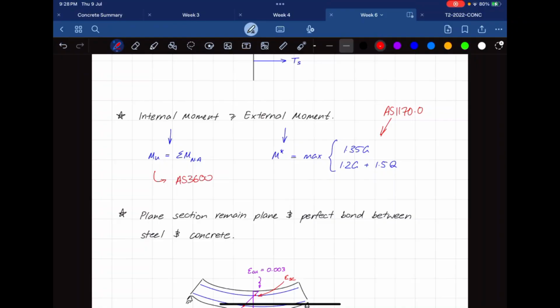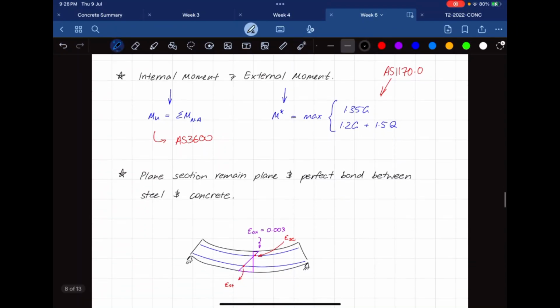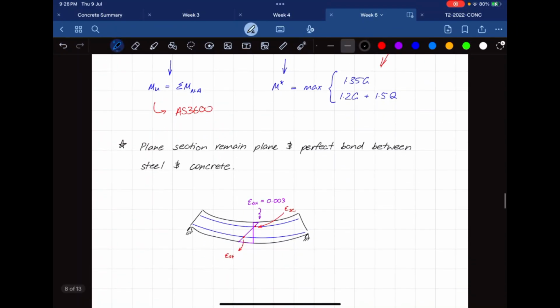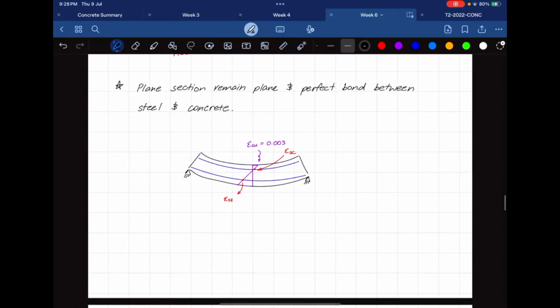This other part was explained in Eng 2400 as well. Plane sections remain plane. Whatever that means, I don't know. But the main thing that we're going to extract from here is that later on, when we're working with our strains, as I said earlier, the compressive ultimate strain for concrete is 0.003.